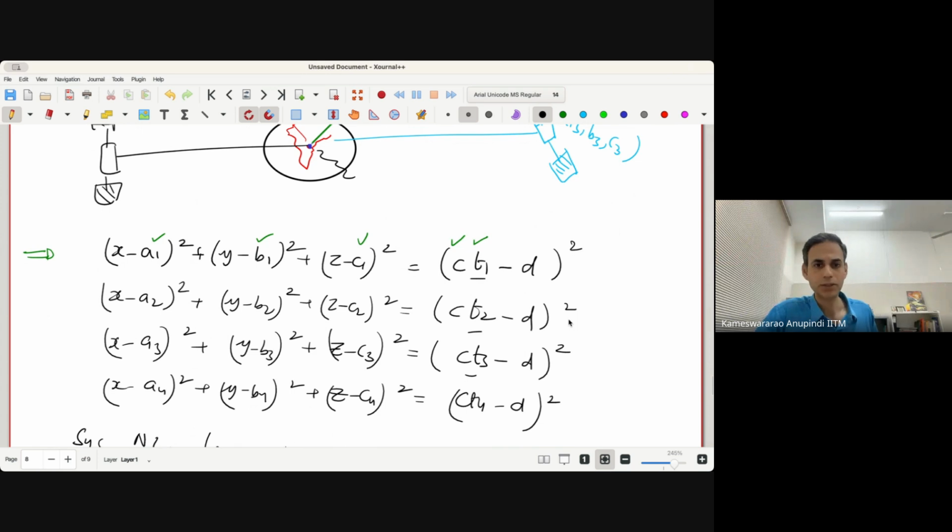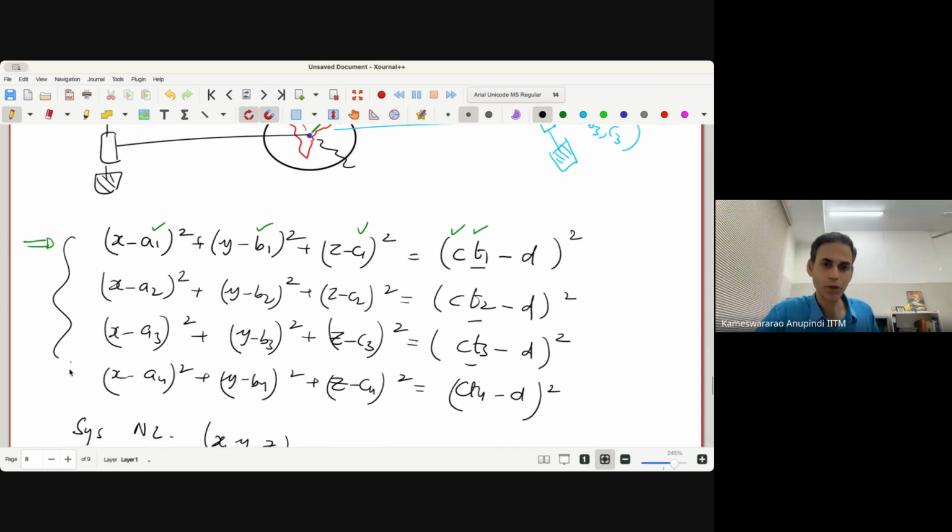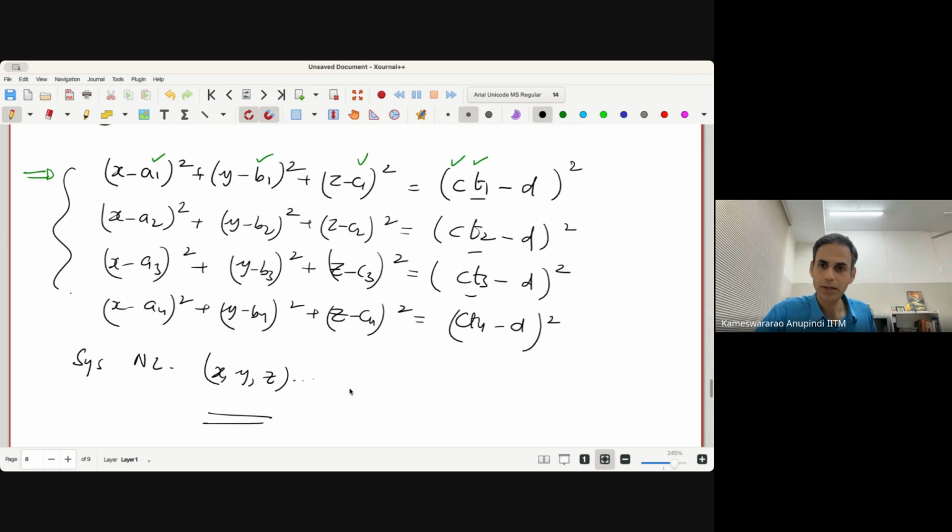That's all. Once we solve for this, we will know the position x, y, z, and we'll also know the time difference, which can be used in calculating the x, y, z values. So we have 4 equations and 4 unknowns, which can be solved using a system of nonlinear equations with Newton's method. That means your phone is always trying to solve this system of nonlinear equations every time you try to locate it using GPS.